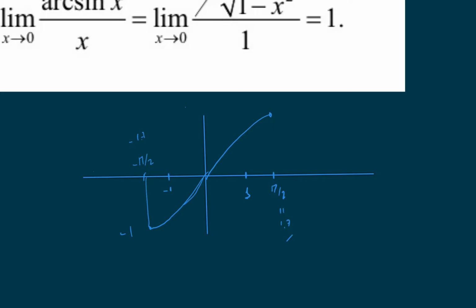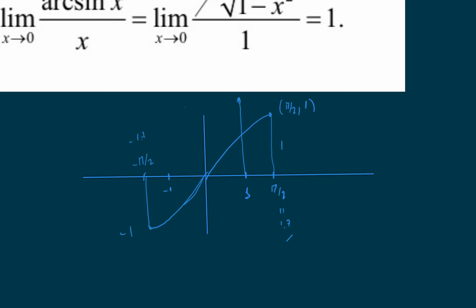So the point pi divided by 2, comma 1, since sine of pi divided by 2 is 1, appears in the inverse function as the point 1 comma pi divided by 2, which is 1 comma 1.7.